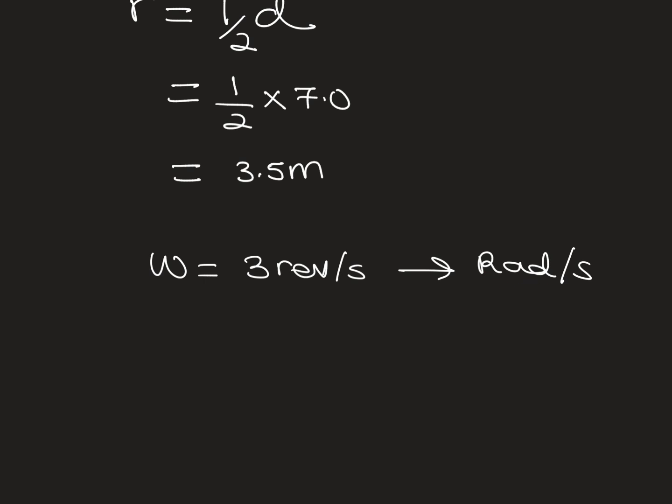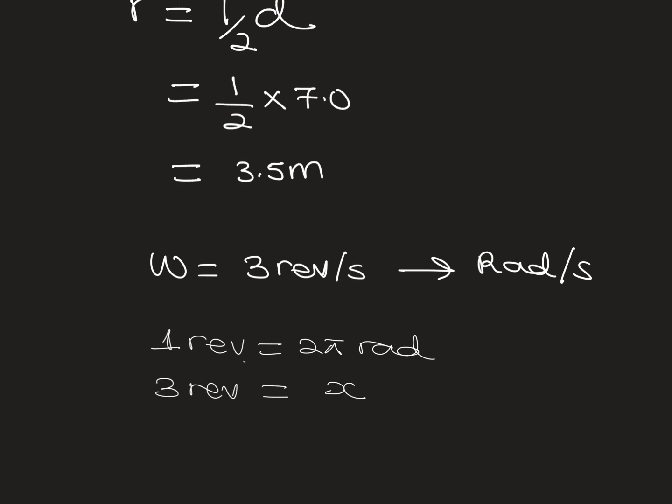So what is the relationship there? We know that 1 revolution is equal to 2 pi radians. So if that is the case, what will be 3 revolutions? That will be equal to x.